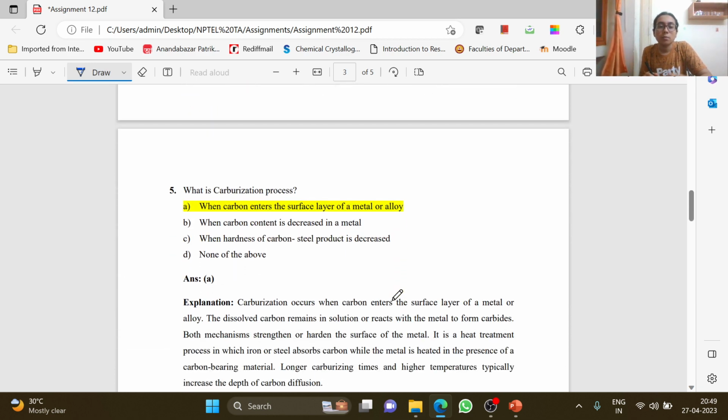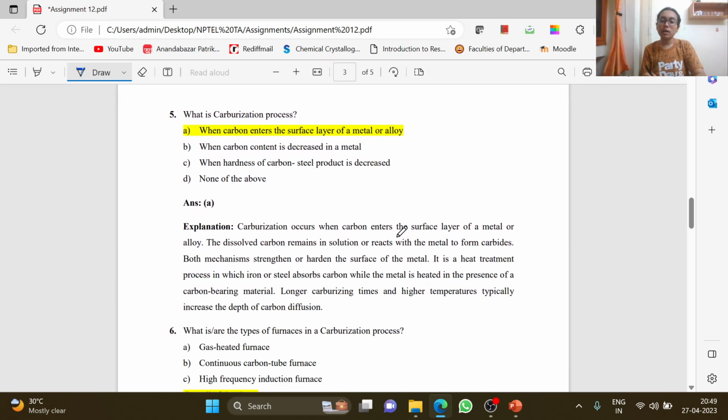Then the next question is about the carburization process. What is the carburization process? It is when carbon enters the surface layers of a metal or alloy. The dissolved carbon remains in solution and reacts with the metal to form carbides. Metal will react with the dissolved carbon and form metal carbides.